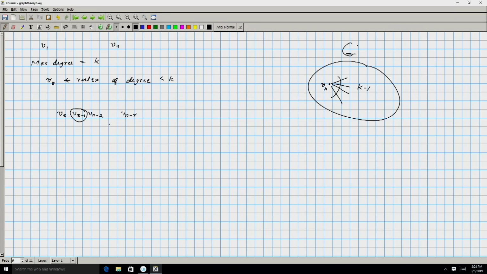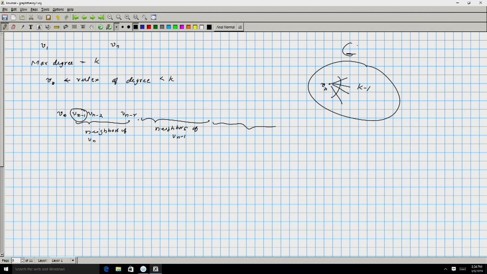So, write down the neighbors of Vn minus 1. So, these are neighbors of Vn minus 1, and then we can write down neighbors of Vn minus 2 and so on. Okay, sorry, the first block is neighbors of Vn and the second block is neighbors of Vn minus 1 and so on.